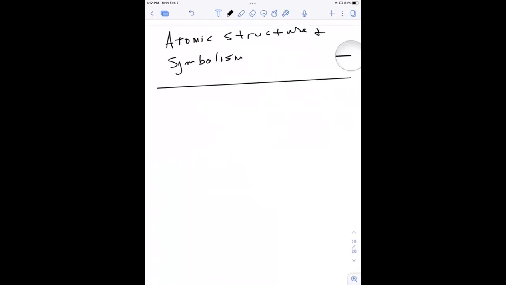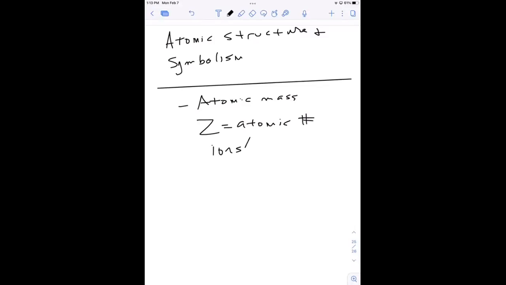All right, so we're going to start talking about atomic structure and symbolism. And so with this, under this umbrella, we're going to talk about atomic mass, right? Atomic number, or Z. We're going to talk about ions and charges.